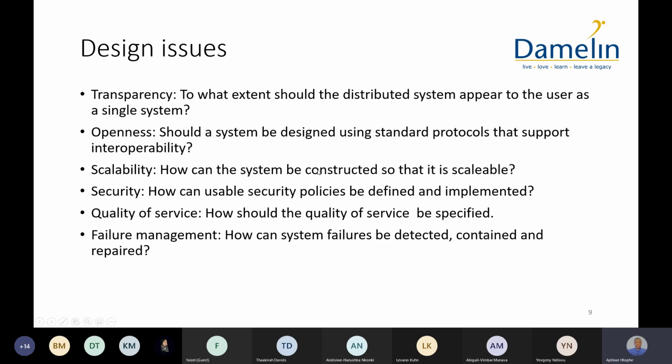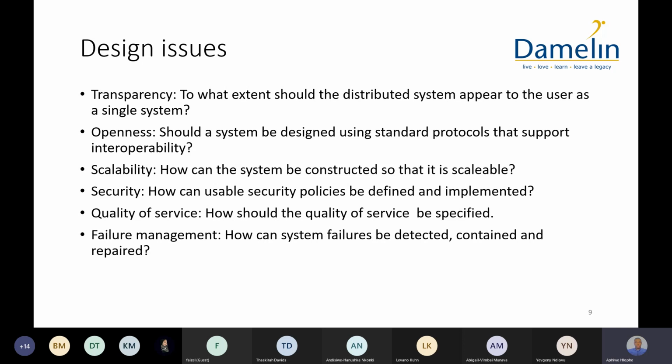Scalability: how can the system be constructed so that it is scalable? In terms of security, how can usable security policies be defined and implemented? Also a big challenge that I mentioned earlier. Security is everything in a distributed system, and it's very challenging, just like on a peer-to-peer network. And quality of service: how should the quality of service be specified? How can you ensure quality of service when there are multiple points of failure?